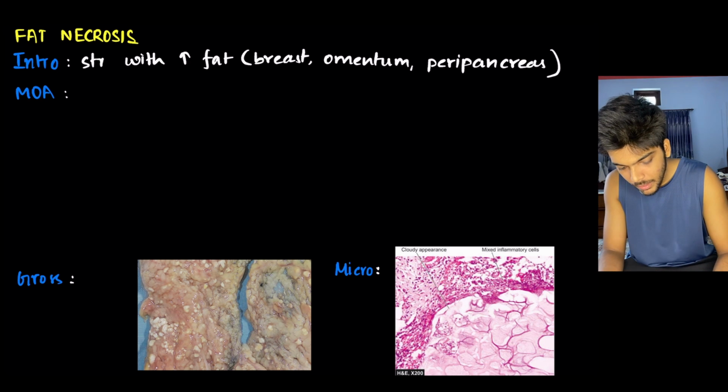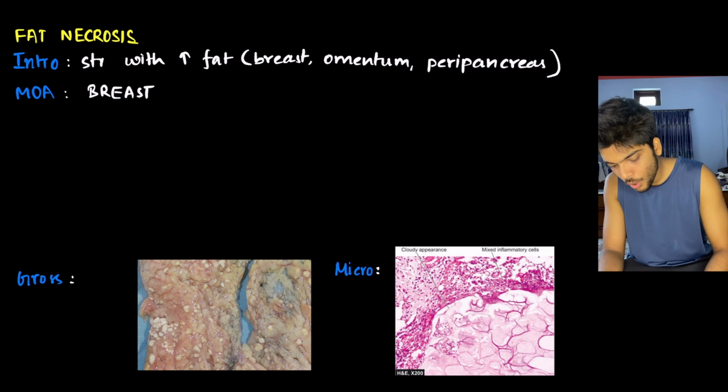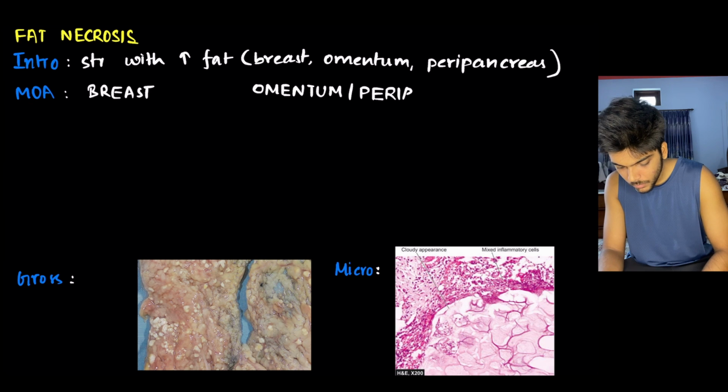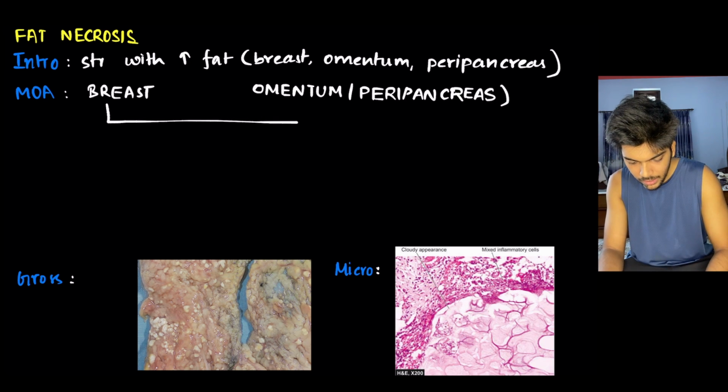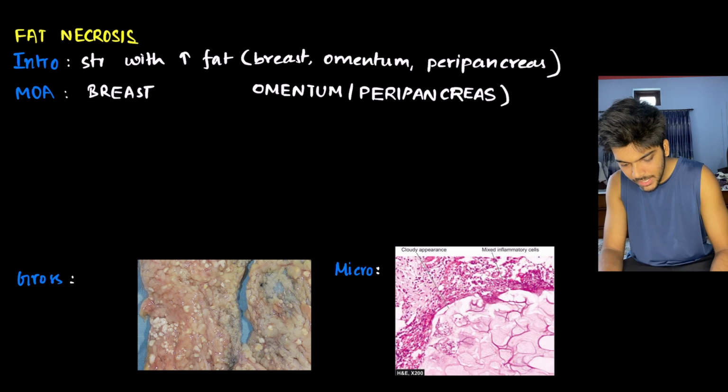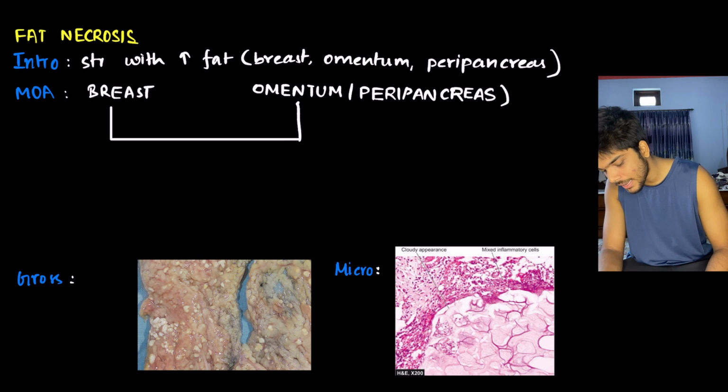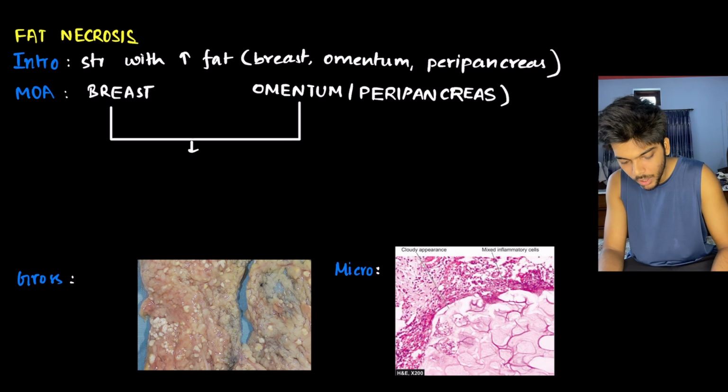Mechanism of action: these structures contain a large amount of fat in them. Now, due to any reason, which I'll tell later, the fat present in these organs, in these structures, gets broken down.